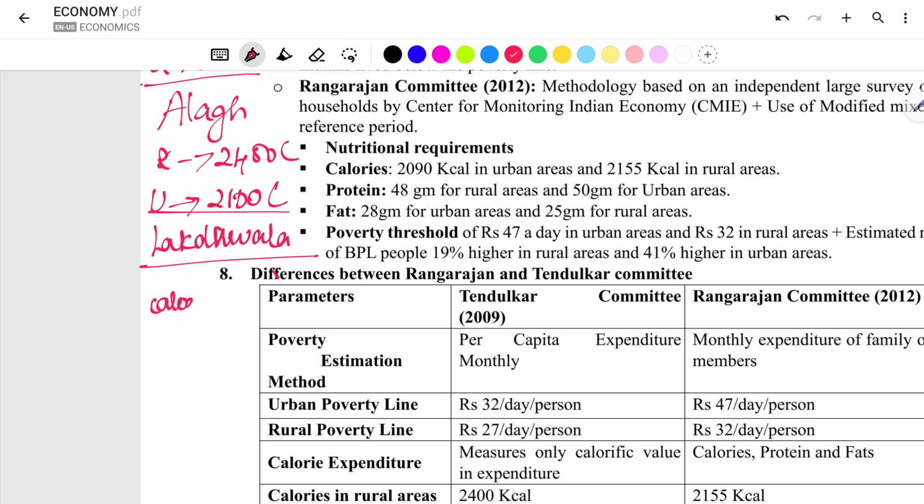We are going by calories, right? Calorie is being consumed. After Lakdawala, we have Tendulkar and Saxena and the Rangarajan committee. So when Tendulkar comes, you need to remember that it is something different. We have been speaking continuously about calories, now for the third time in Lakdawala. Here calorie consumption is present, so we need to mention that the calorie is consumed. Based on this calorie, we are going for the consumption expenditure.